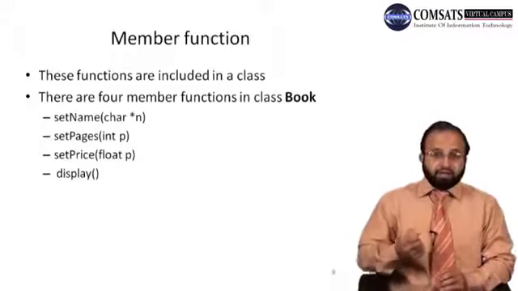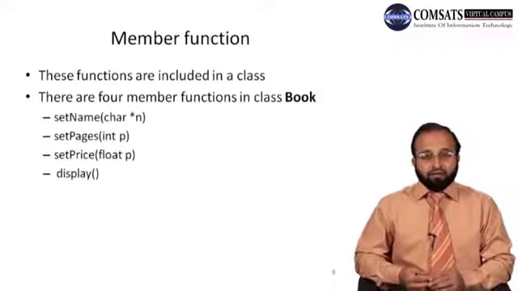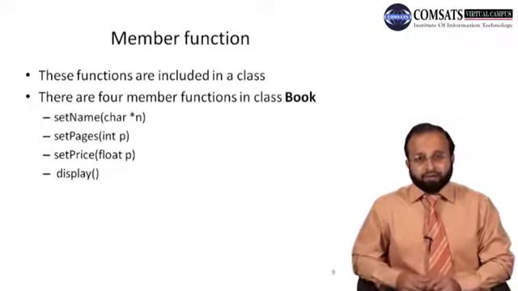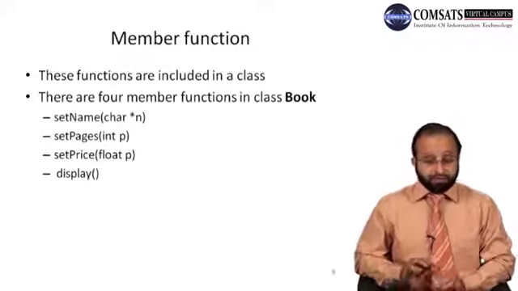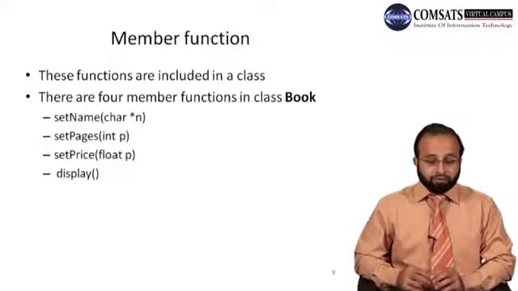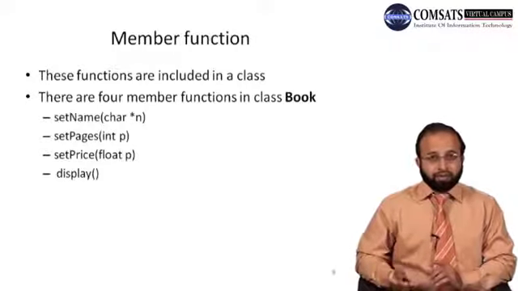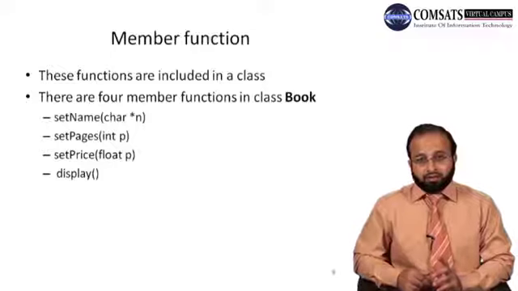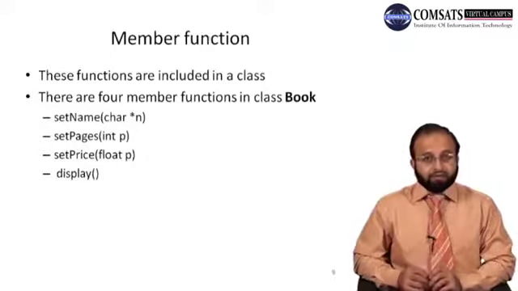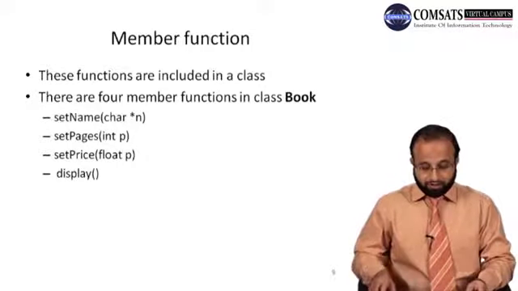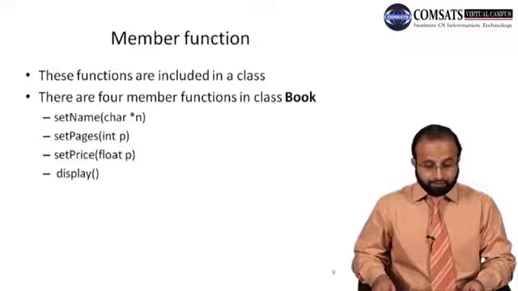So that is kind of a getter function. Usually a getter function returns some value, right? For example, get name will return the name of the book, get pages will return the pages of that book, and get price will return the price of the book, right? We will see this in Dev C.